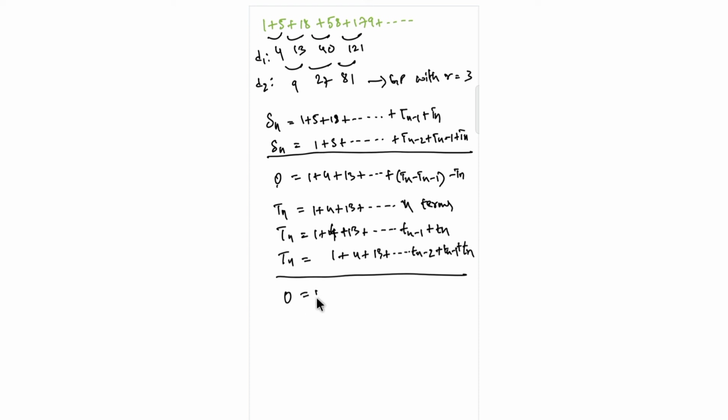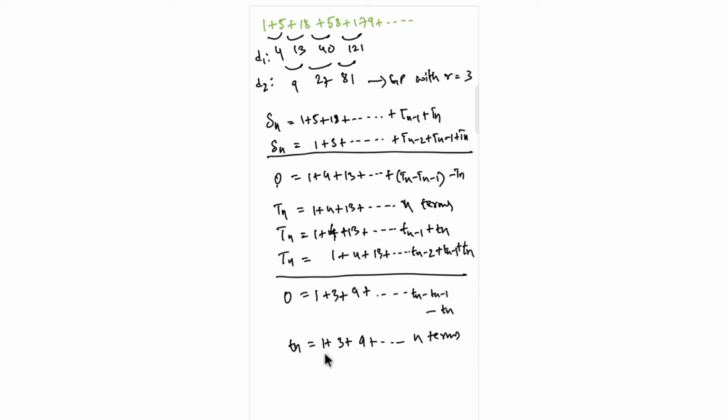You get 0 is equal to 1 plus 3 plus 9 plus, the other thing is 13, right? After 13 you'll be getting terms till n here, tn minus 1 minus tn.